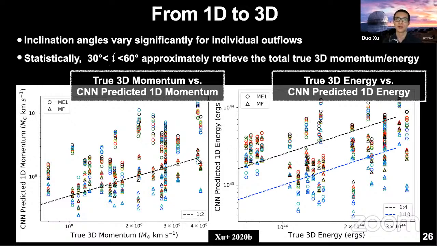But there is no constant correction factor between 1D and 3D, since there's a huge scatter in this plot for the MF model. Similarly, for energy, there is no constant correction. So our next step is to predict the correction factor, or the inclination angle of an outflow, to better calculate the energy and momentum from the stars.